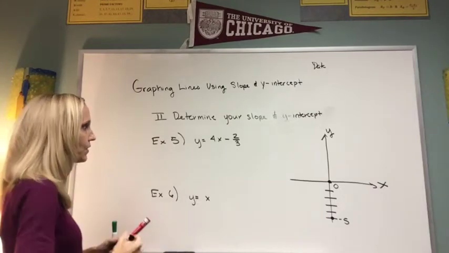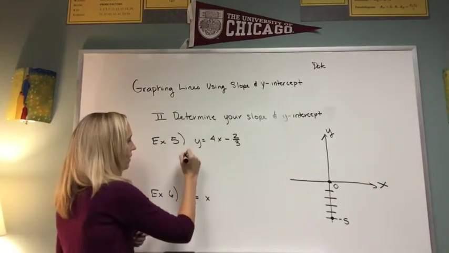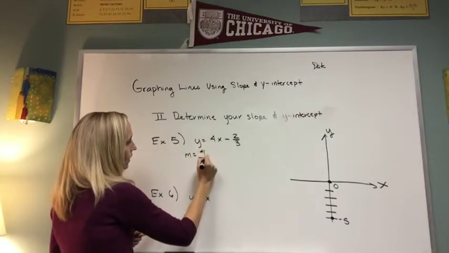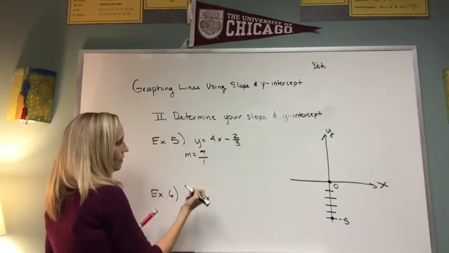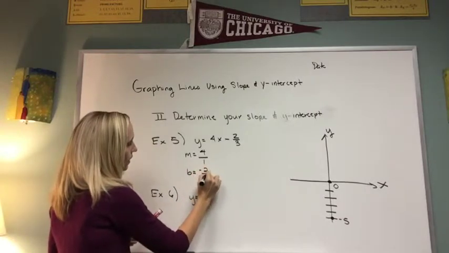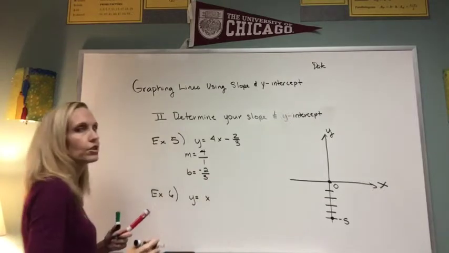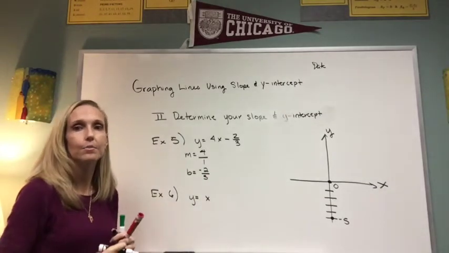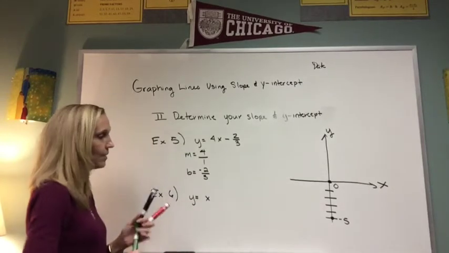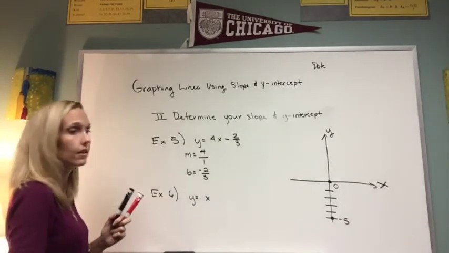Okay, so our answer for number 5 is m equals 4/1, because we always want to write it as a fraction. And my y-intercept is -2/3. My y-intercept can be a fraction. Doesn't matter, it doesn't have to be a whole number. Now this one was tricky because we had some invisible 1s and 0s.